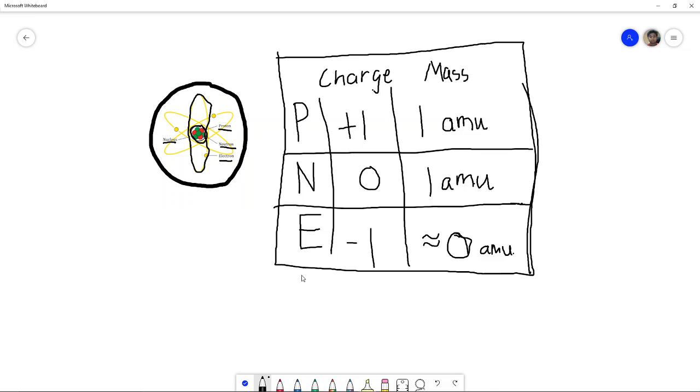The nucleus has a positive charge because even though it contains neutrons, the neutron has a charge of 0, whereas the protons have a charge of +1. Therefore, there's nothing to counteract the charge of the protons located inside the nucleus, so the charge of the nucleus is going to be positive.